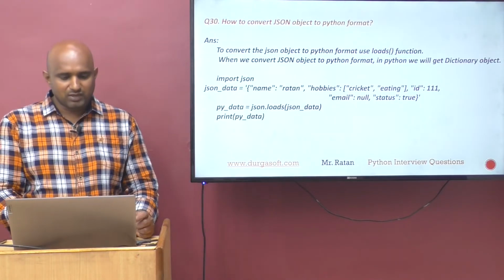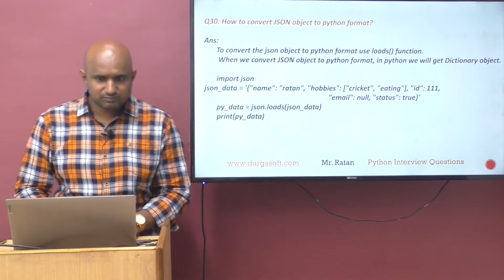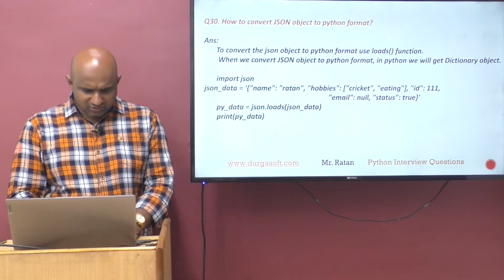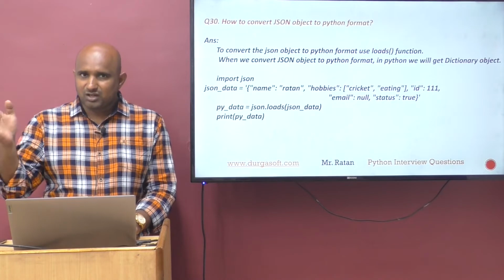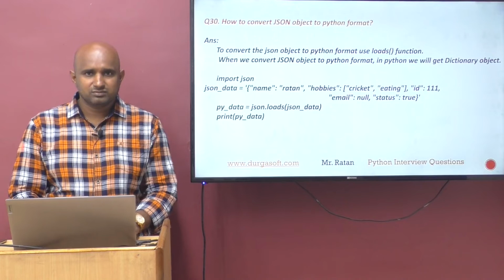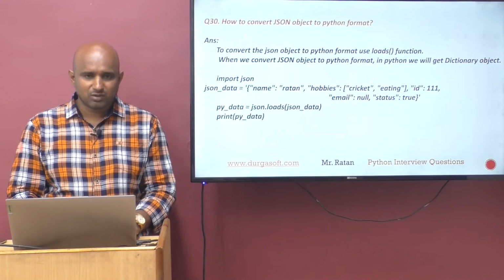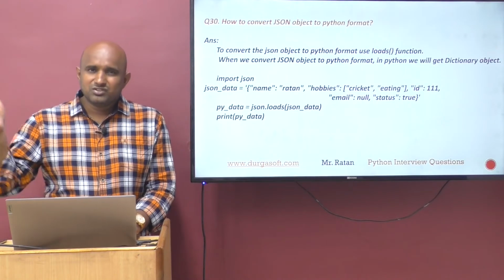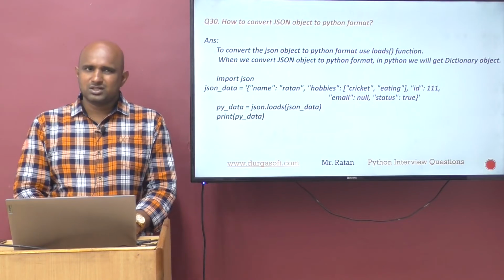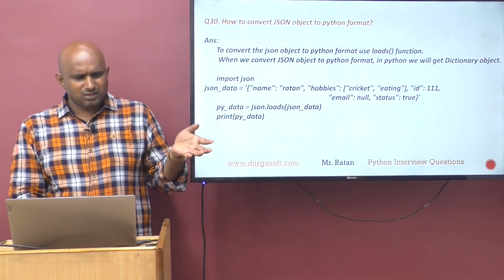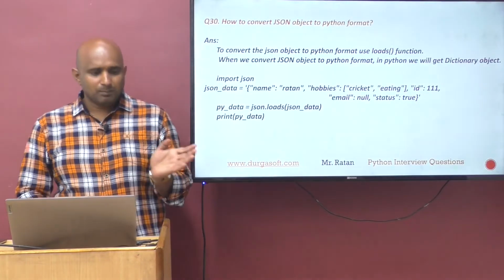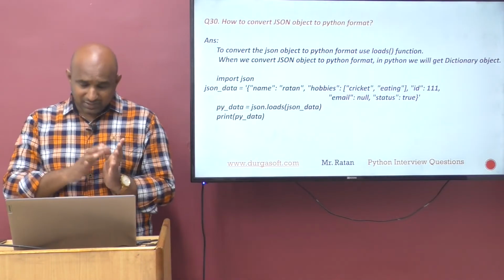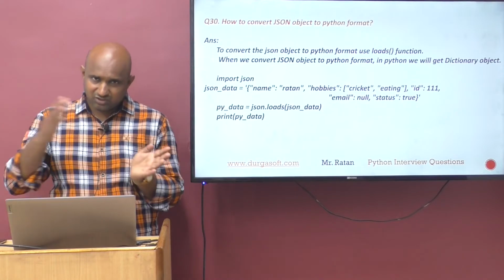When we convert the JSON object into Python format, you will get a Python dictionary object. Previously I told you Python to JSON means dictionary to JSON object.